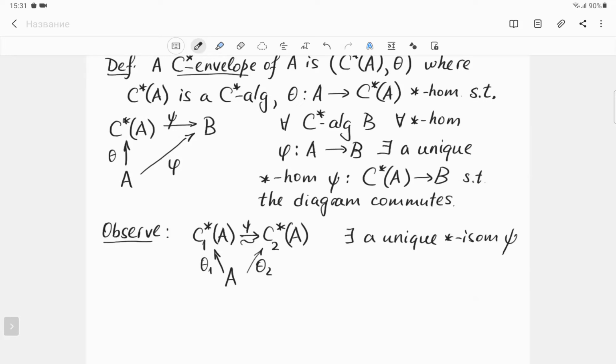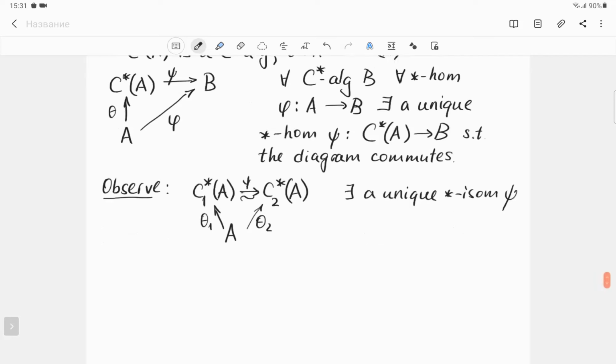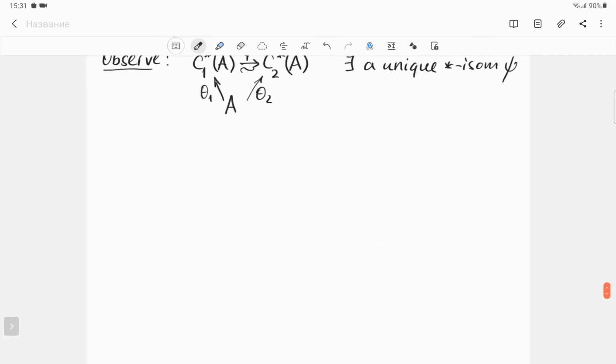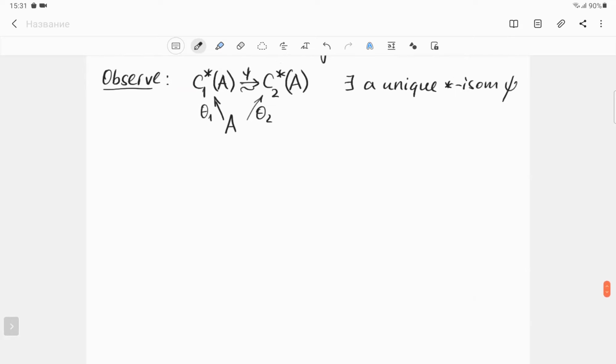Okay, now how about the existence of the C-star envelope? To study the question of existence, let's introduce some terminology and some notation.